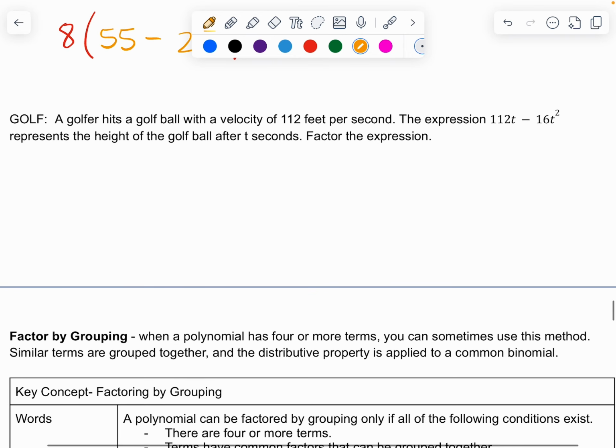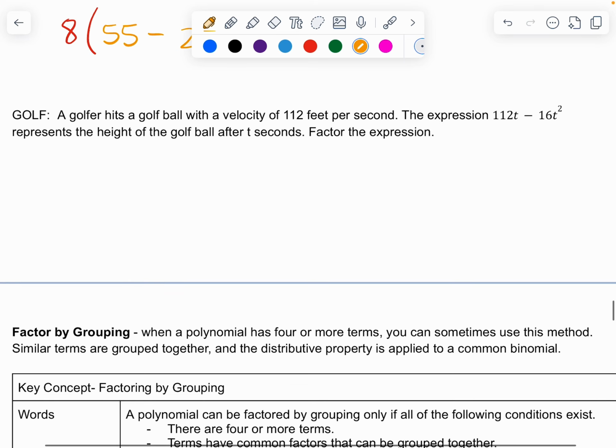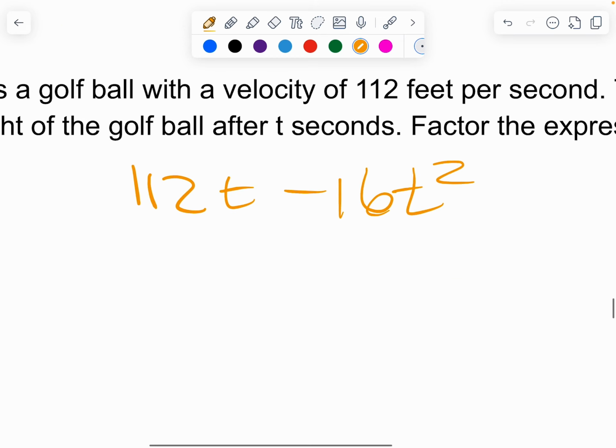Okay, a golfer hits a golf ball with a velocity of 112 feet per second. The expression 112t minus 16t squared represents the height of the golf ball. Factor the expression. So I have 112t minus 16t squared. Again, does 16 go into 112?